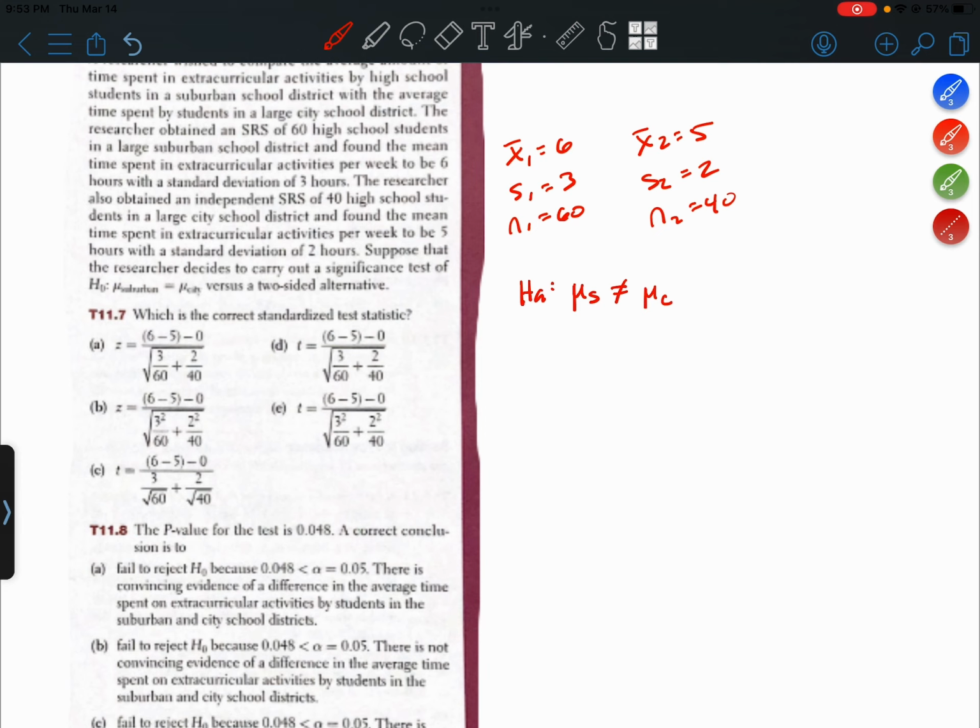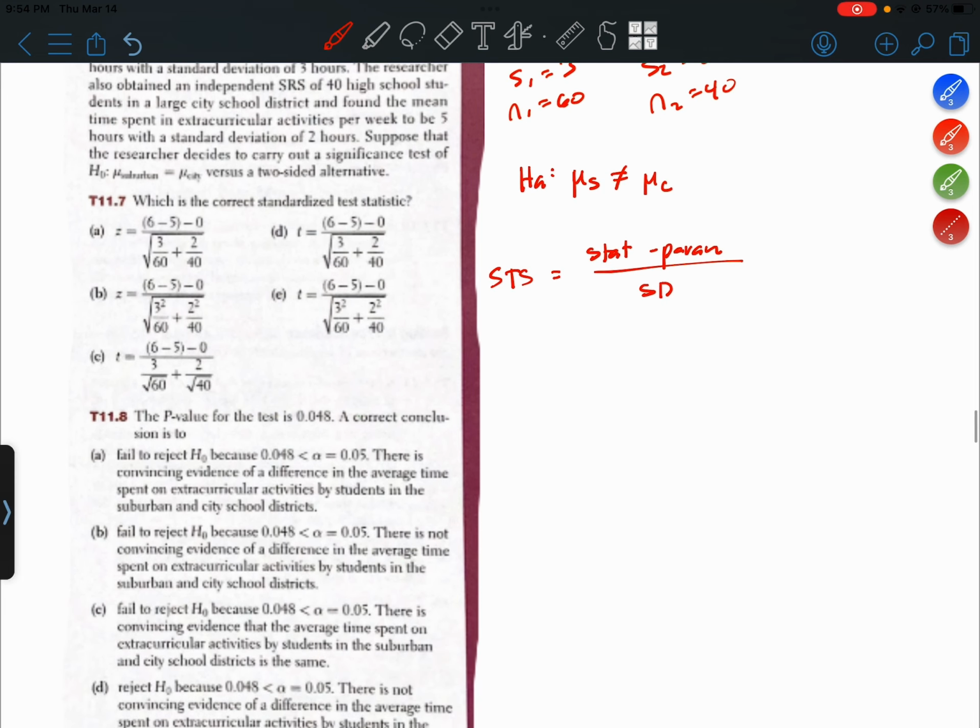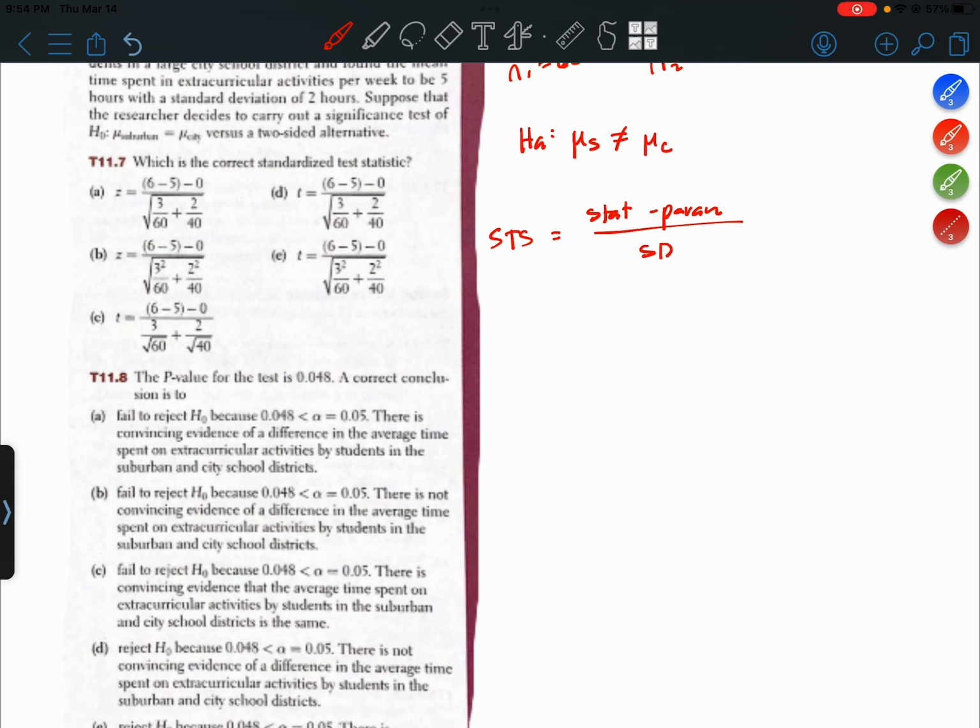All right, so a standardized test statistic is a statistic minus a parameter divided by an SD. Let's call this a standardized test statistic. Okay, that's the general formula. And the specific formula is going to be, because this is means, we'll get a t-score.